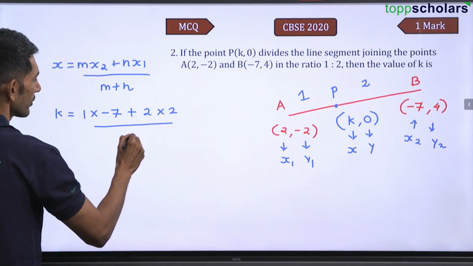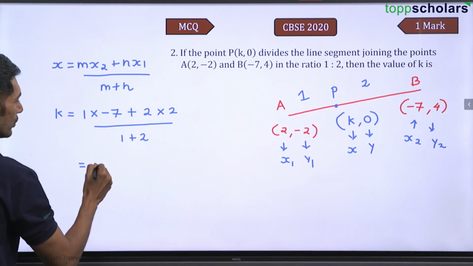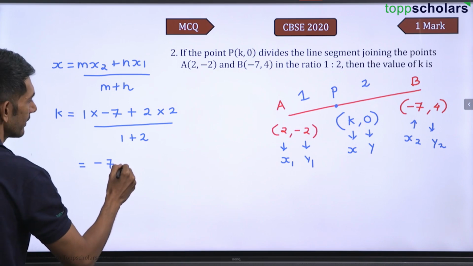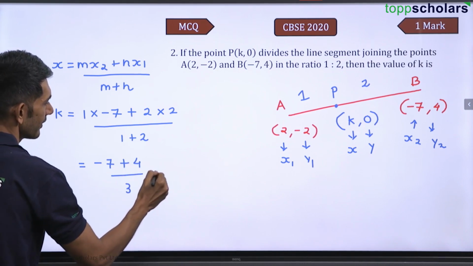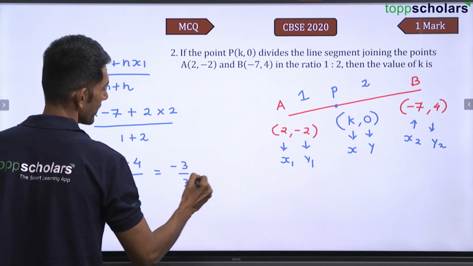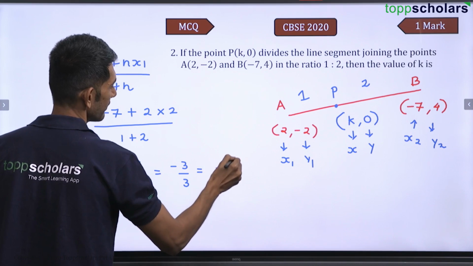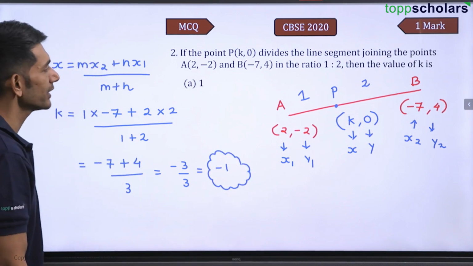The ratio is m is to n, so 1 plus 2. So that gives you -7 plus 4 by 3, that is -3 by 3, and -3 by 3 is nothing but -1. So let us check if we have -1 in the options.